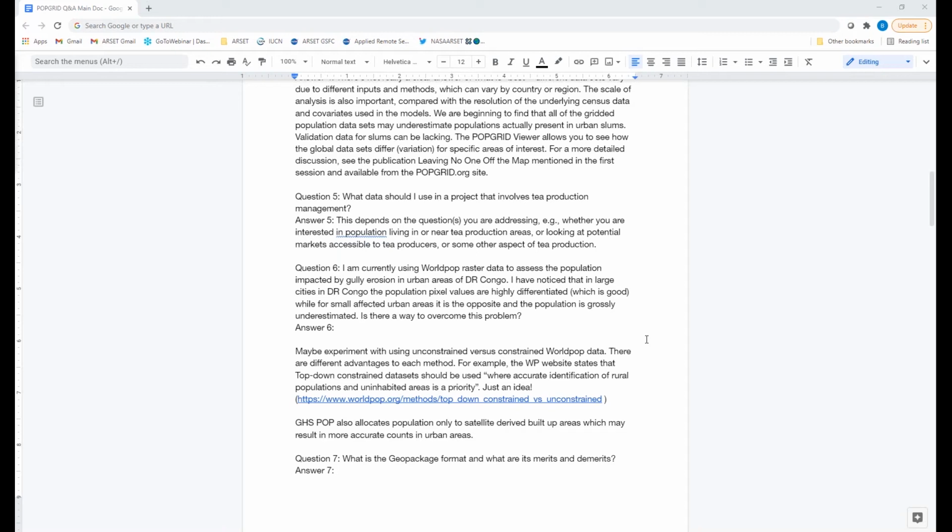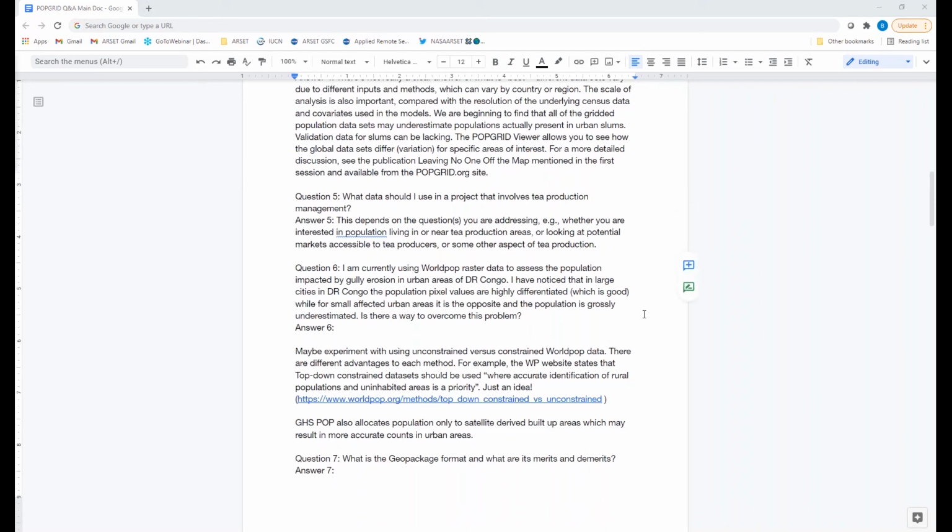But if you're looking at markets, you might want to know something about the demography and the type and economic level of populations in cities near there. So it's a little hard to judge what data is appropriate for the project of interest.